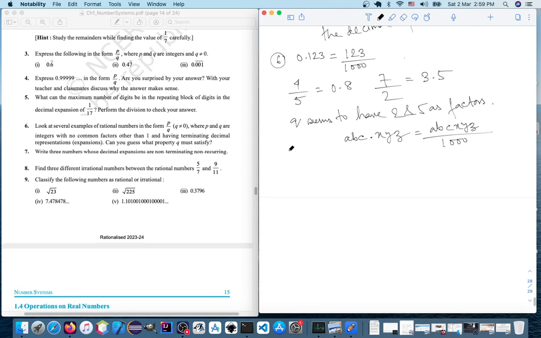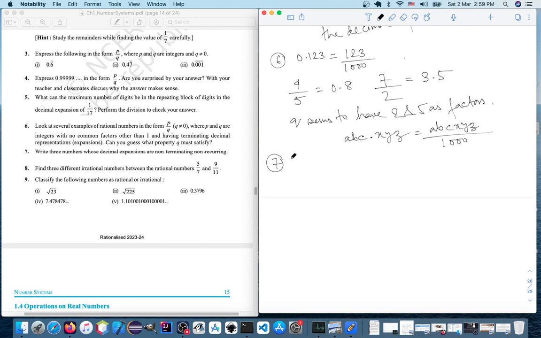Question 7. What does 7 say? Write 3 numbers whose decimal expansions are non-terminating, non-recurring.